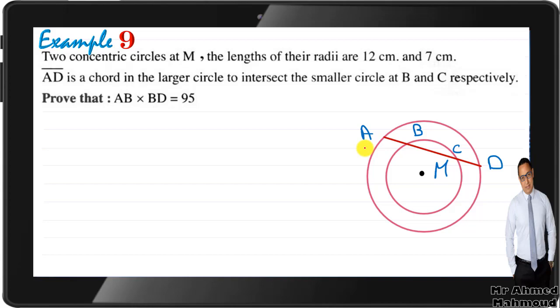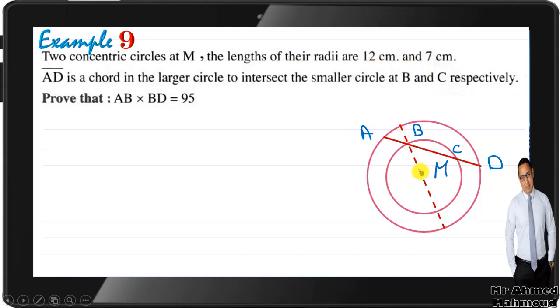Now, the previous rule depends on two chords. Now I have just one chord. So I'm going to draw another chord, but it's better to use 12 and 7. So I need a diameter, not a chord, that passes through the point B like this. This is the construction: draw the diameter to pass through B, to use 12 and 7.